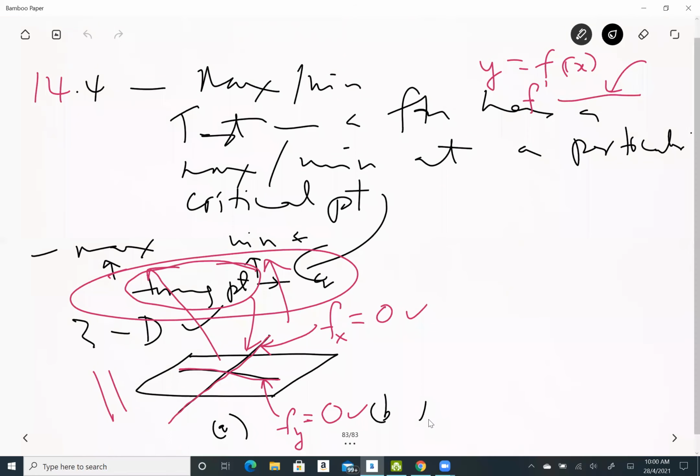I think we already looked at the diagram, the figure on 14.4. So we're going to continue from there, and we're going to state the second partial derivative test. So this is the test.